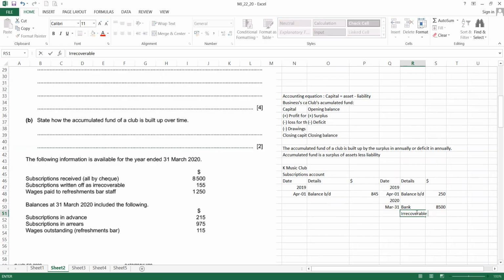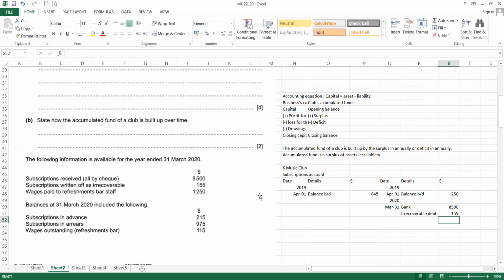That is called bad debt or irrecoverable debt. Irrecoverable debt in the subscription account in the credit side, 155. Next, this one nothing to do, and this is the end of the year. Wages in advance. So long as wages in advance, this is a liability. So liability will be put into the debit balance, carried down in the debit side, 215.